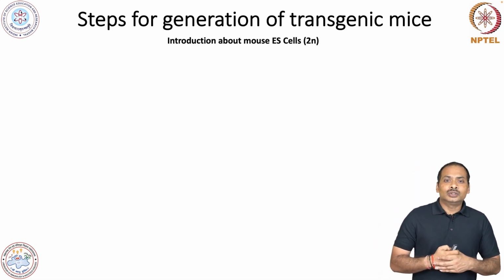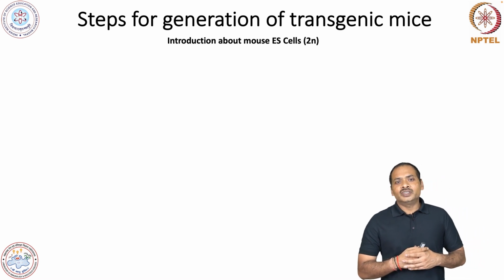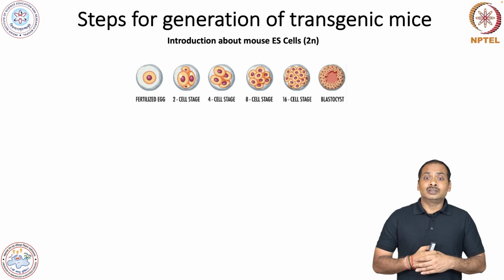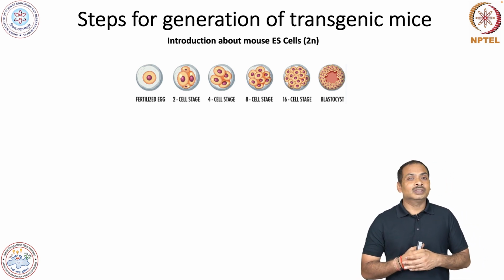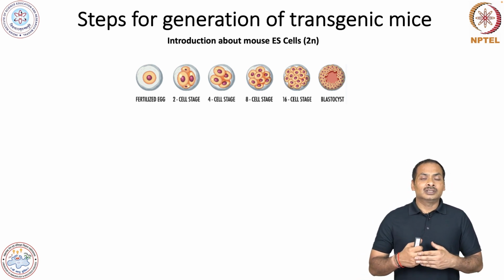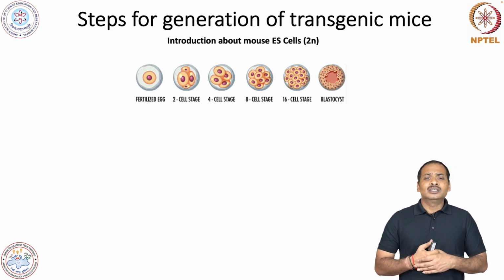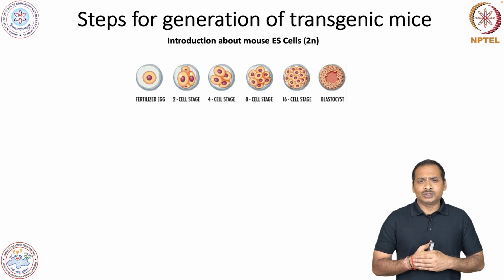Embryonic stem cells we basically get from the blastocyst. In this scenario, we keep the male and female mice for mating, and after some duration we sacrifice that female mouse and take out the blastocyst.